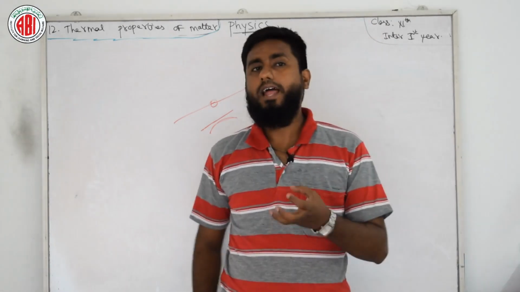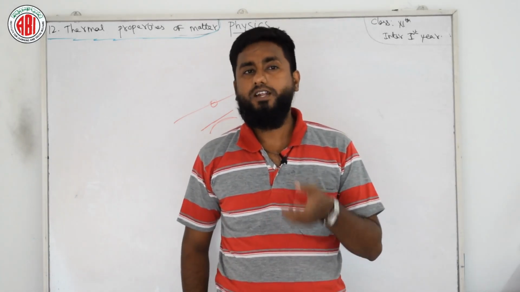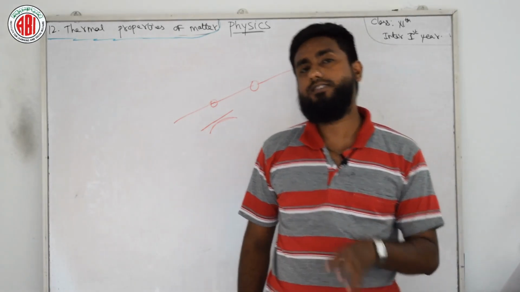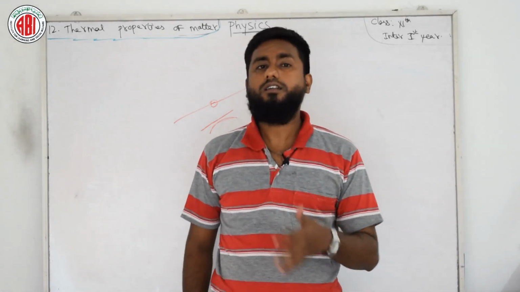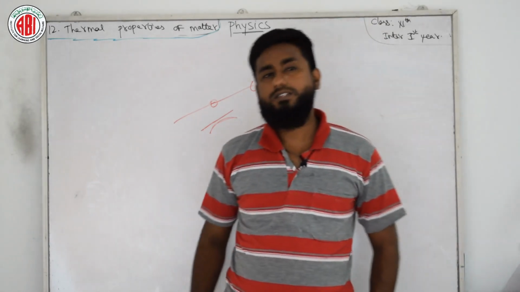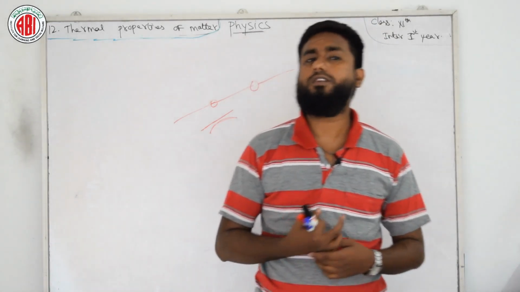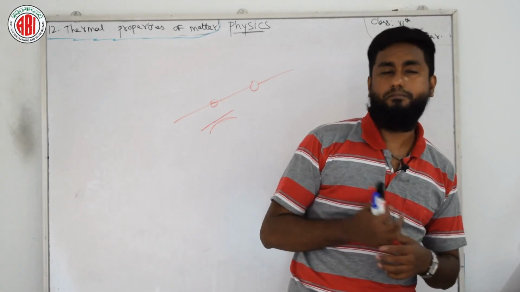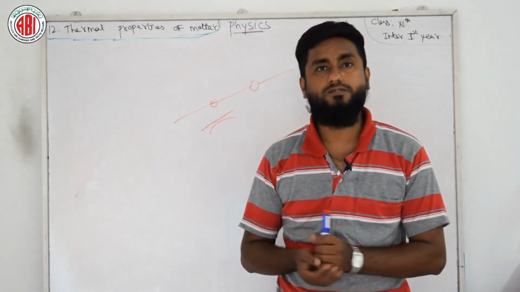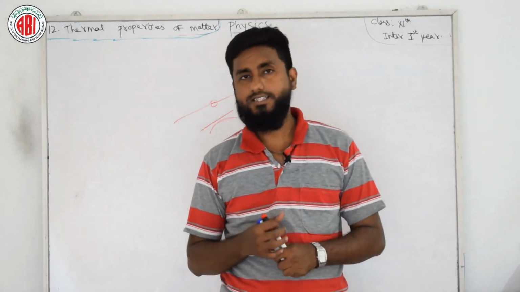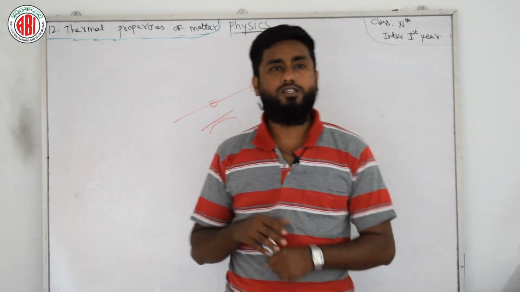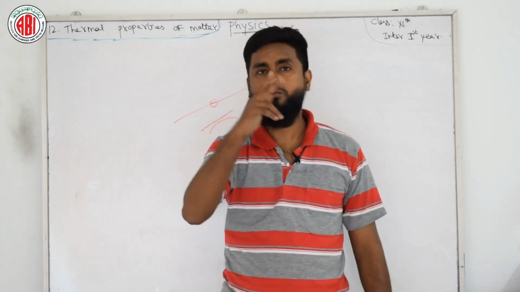And copper is a good conductor of heat, that's why the bottom of the utensils is made of copper. So I am placing these 4 questions and answers on your screen, of 2 marks.